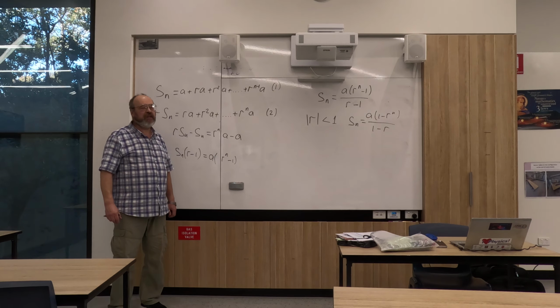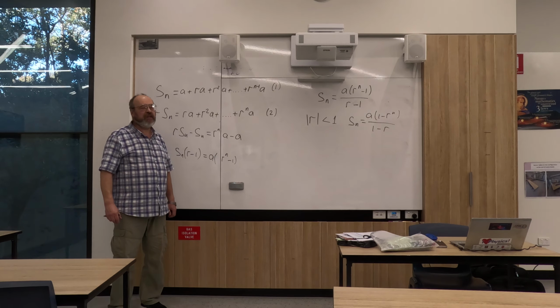Only when the modulus of R is less than 1. Is it because it's approaching a number? Yes, because at some stage the next terms become very small, approaching 0. So we can calculate the sum.